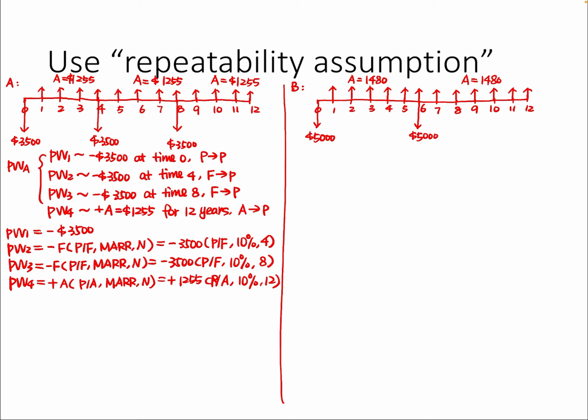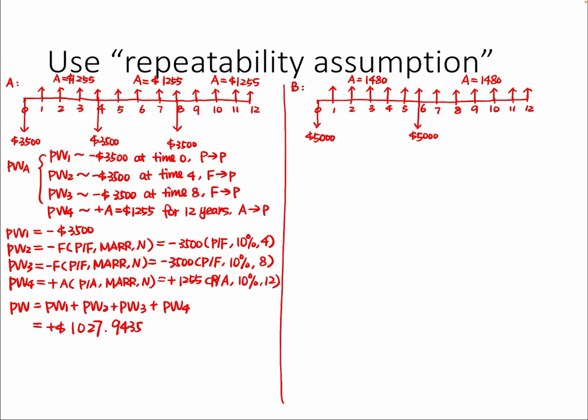Okay, so after you find the factors and do the calculation, you're gonna have the PW equals the sum of these 4 parts. And the final result is positive 1027.9435.